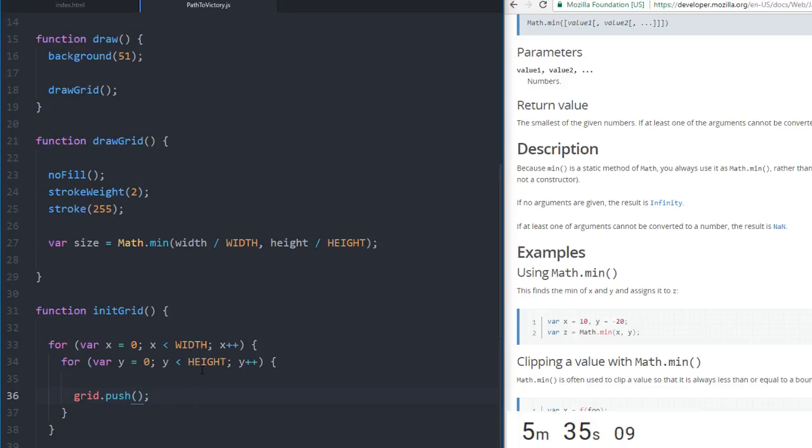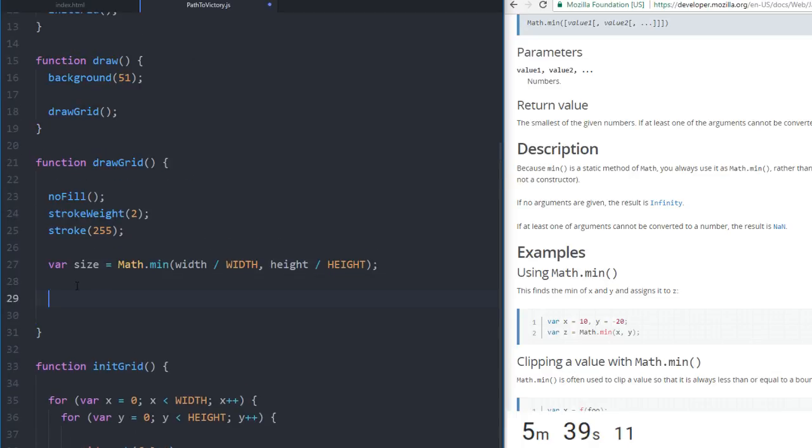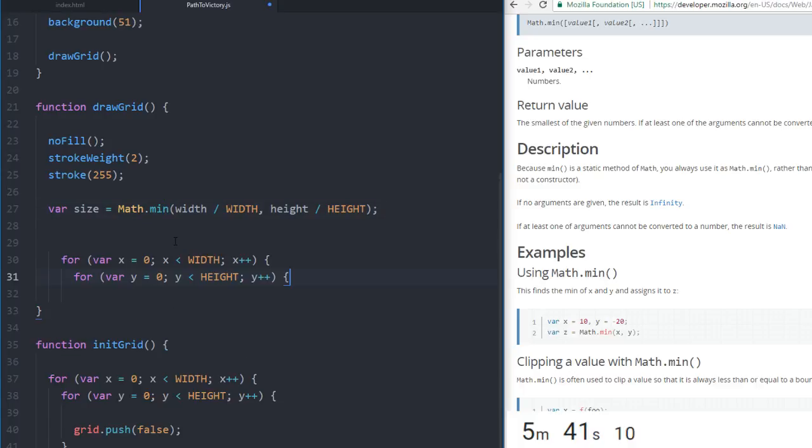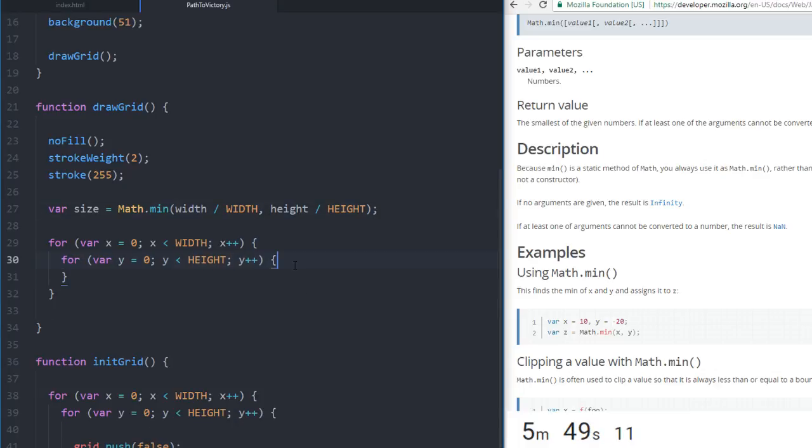Grid.push false. So what we'll say now is the same loop, except let me close them. Okay. Shift tab.